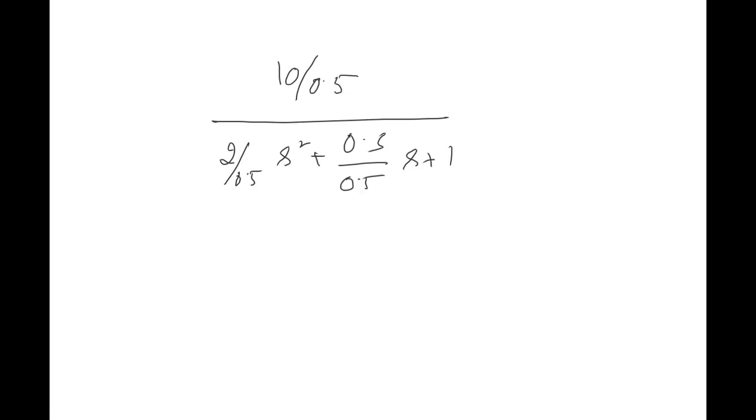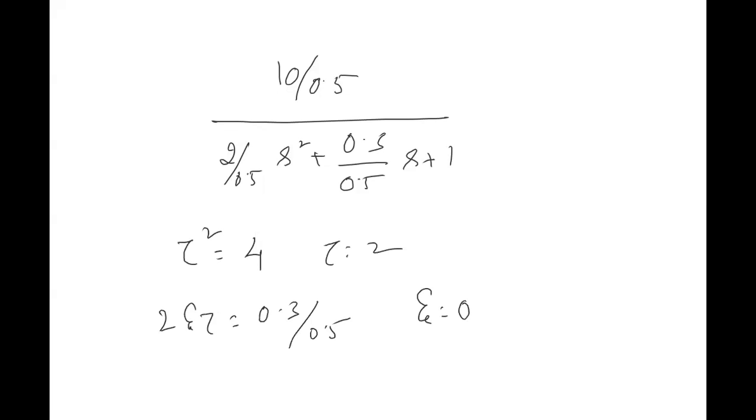And what is tau square? 4. What is tau? 2. What is 2 zeta tau? 0.3 by 0.5. What is zeta? 0.15.